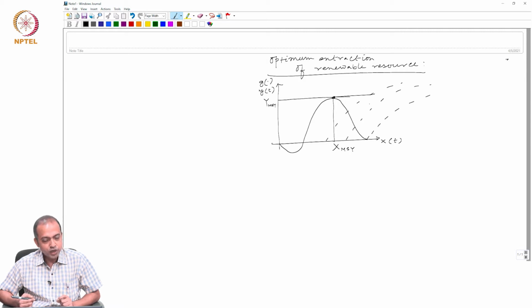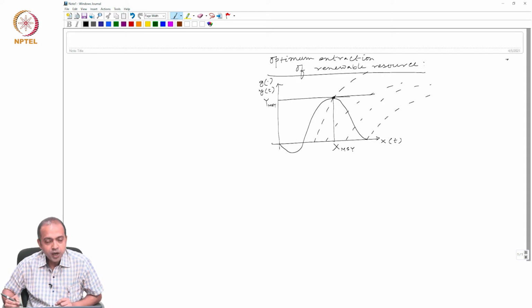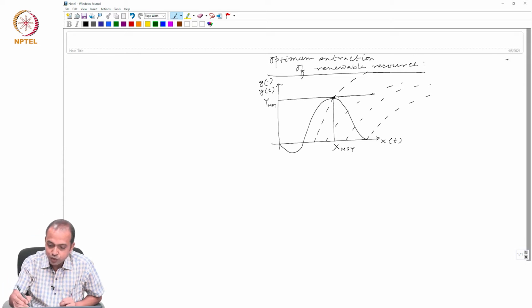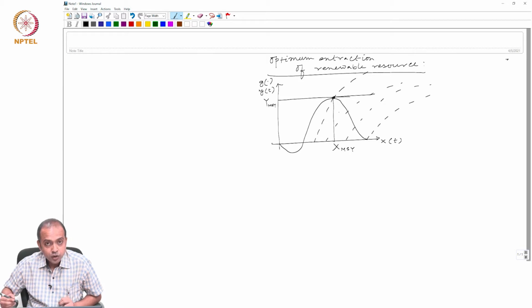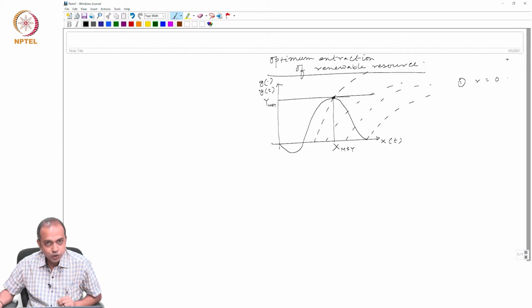And when the catch locus intersects the growth locus at its maximum, the economist's optimum converges to the biologist's optimum. We discussed two conditions for this. Number one, the discount rate should be 0, there is no discount rate.